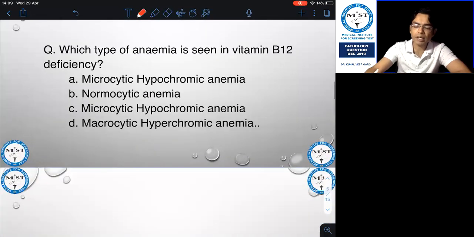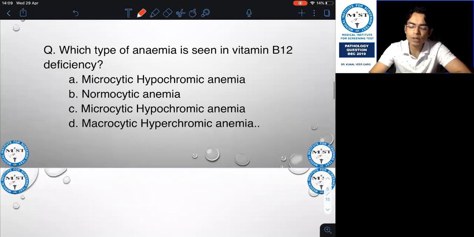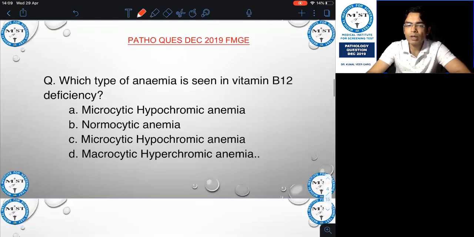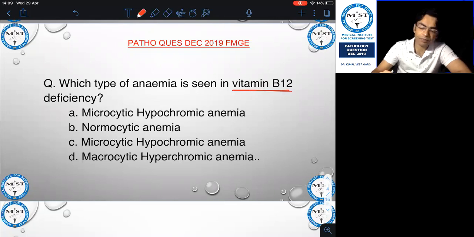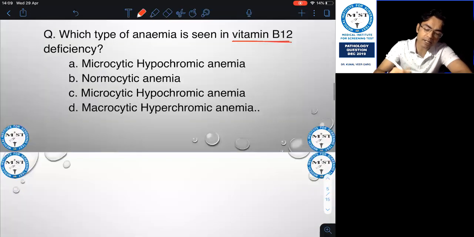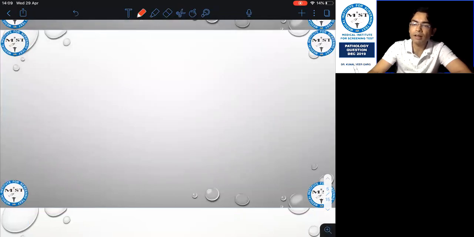Which type of anemia is seen with vitamin B12 deficiency? Which type of anemia is seen with vitamin B12 deficiency? Now this vitamin B12, first let's try to understand, then I'll come back to the question again.